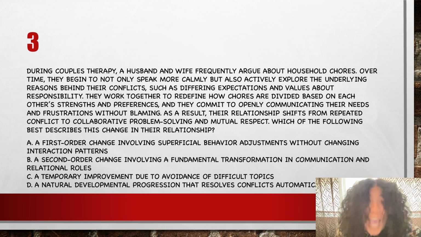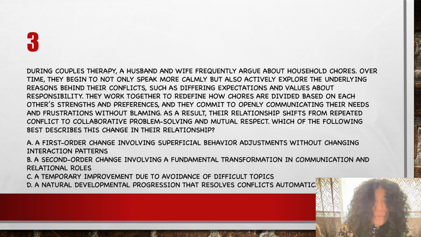So now they're collaborating with one another. When we see the terms collaborate, redefine, structural, adjustment, changes in the relationship, changes in the roles, we know that is second order change. B says second order change involving a fundamental transformation in the communication and the relational roles. The roles of how they're even doing their chores have changed. Fundamental shift in the family system, right?